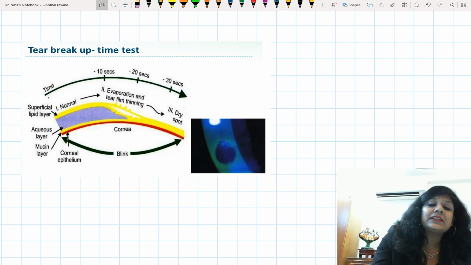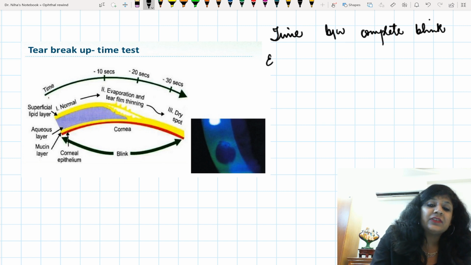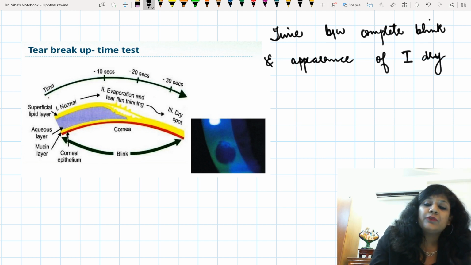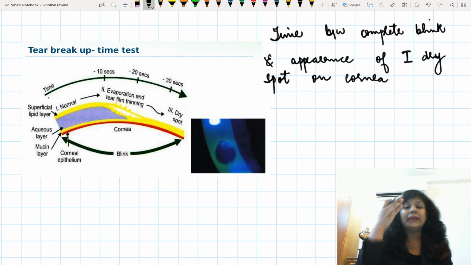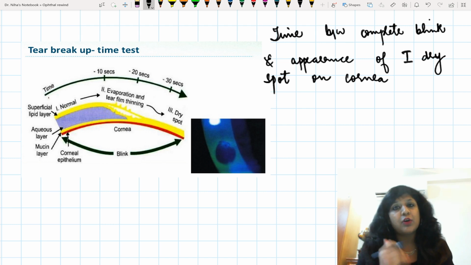This test measures the time between a complete blink and the appearance of the first dry spot on the cornea. We ask the patient to blink completely, and then note the appearance of the first dry spot.